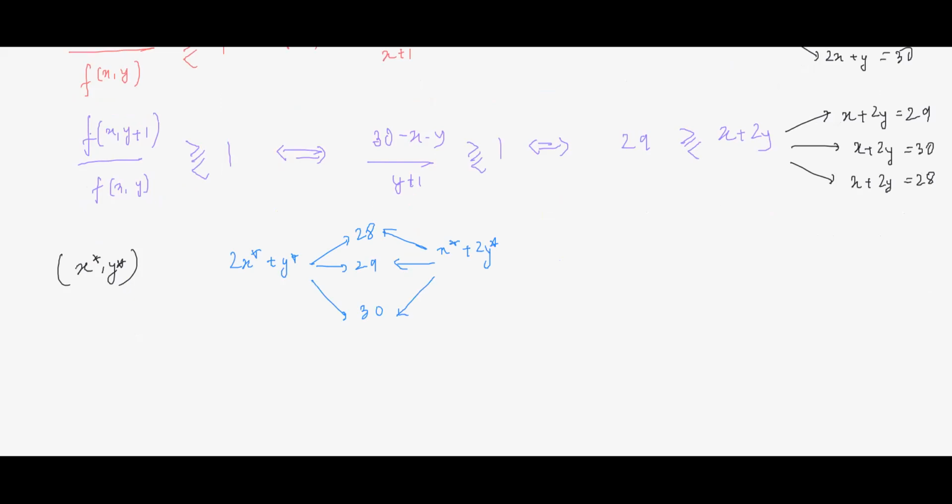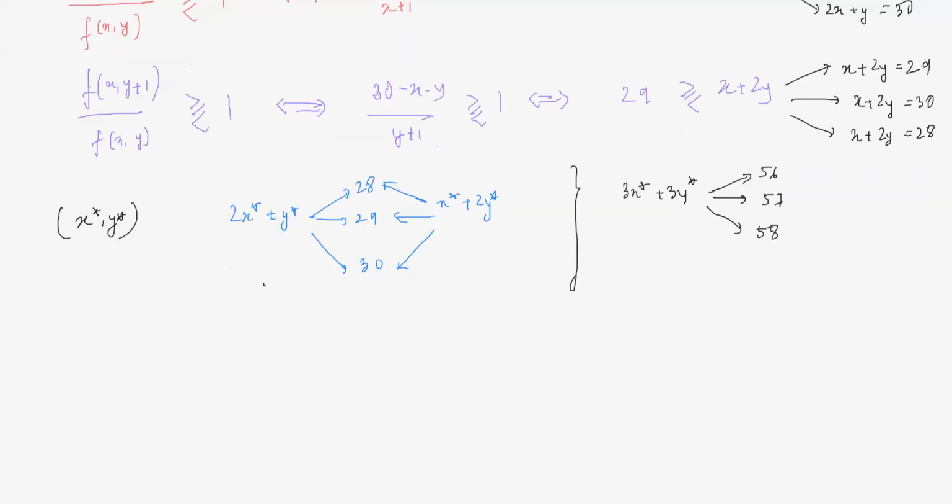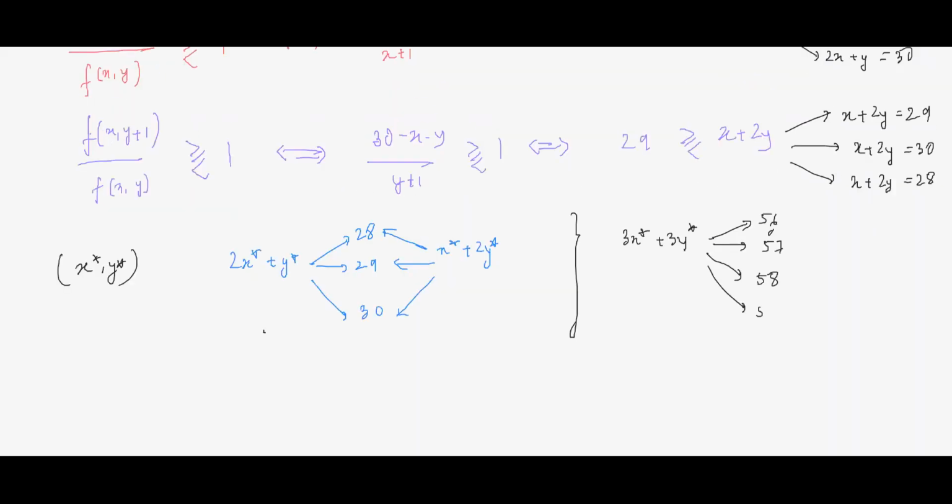If we add these two, what possibilities do we get? 3x star plus 3y star must be either 56, 57, 58, 59, or 60, when both of them are 30.